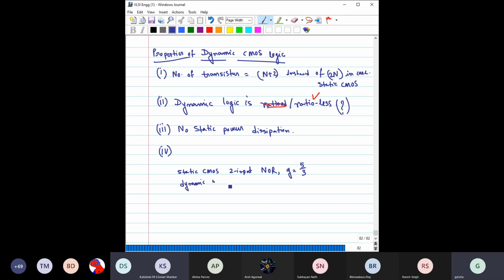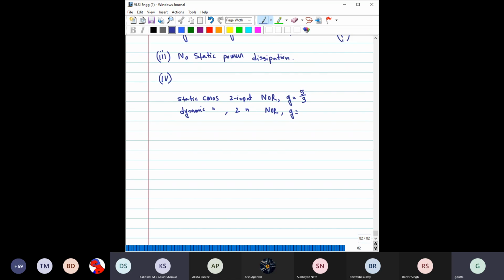Now here we'll write dynamic CMOS two input NOR. Can you comment? Okay. So NOR gate, two input. Clock. So here this is a NOR gate, right? So should the NMOS be in parallel or series? I am trying to design the pull down network. So should the pull down network NMOS be in series or parallel?